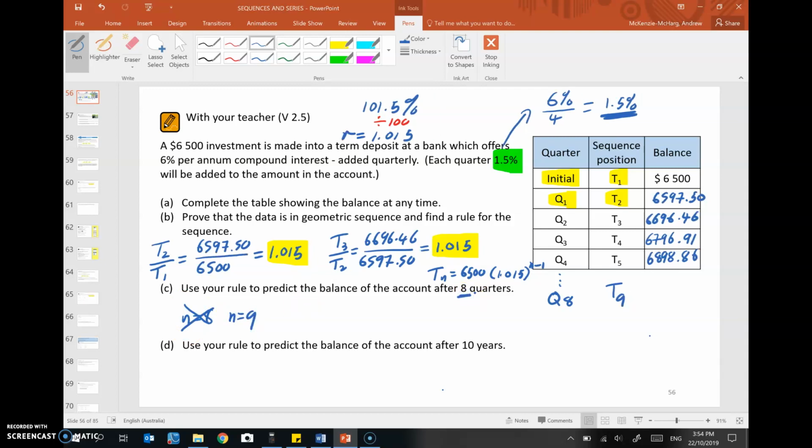So you've just got to be careful of that offset between the number of terms and the number of quarters in a question like this. Okay, so T9 is what we're actually finding. So we'll put n equals 9 into this equation, and let's see what we get.